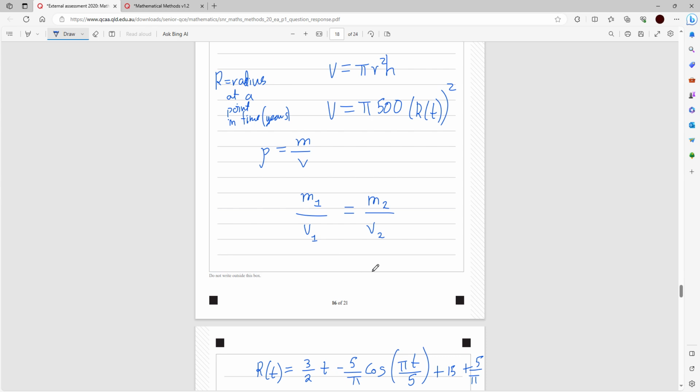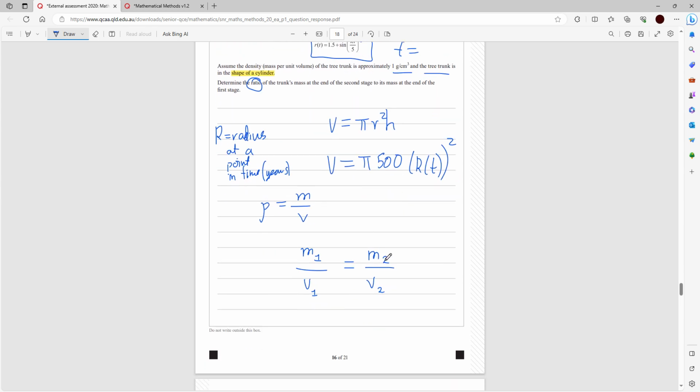Now we want to know the ratio of m2 on m1. So we just got to multiply both sides by v2 and divide both sides by m1. If I do that, that cancels, that cancels, that cancels. So that means v2 on v1 is equal to m2 on m1.